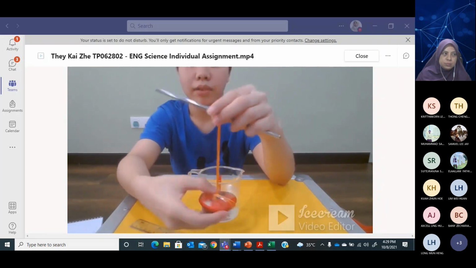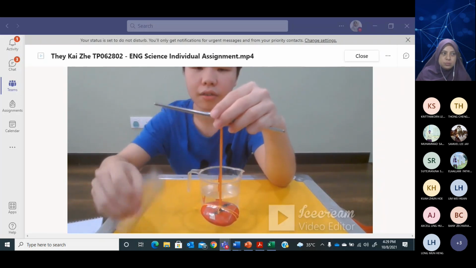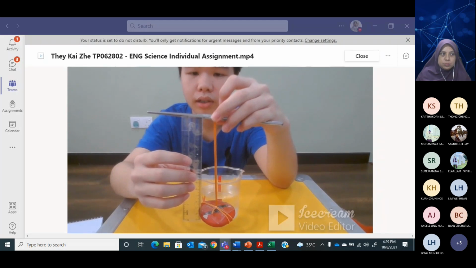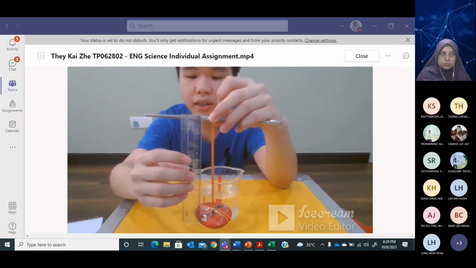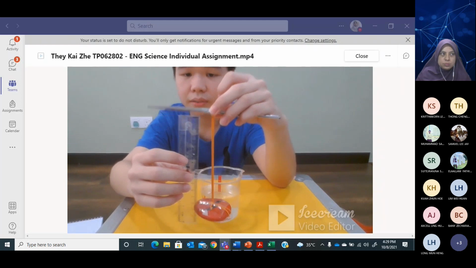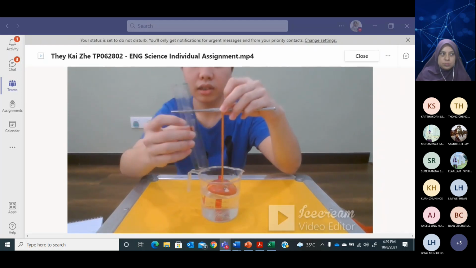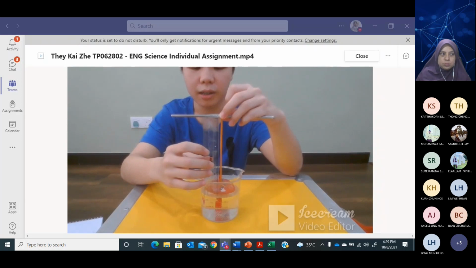So first I will measure the length of the rubber band, and it is 15 centimeters. Next, I will submerge this rock in water and measure it.